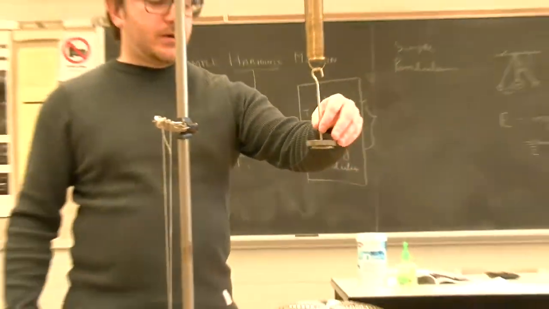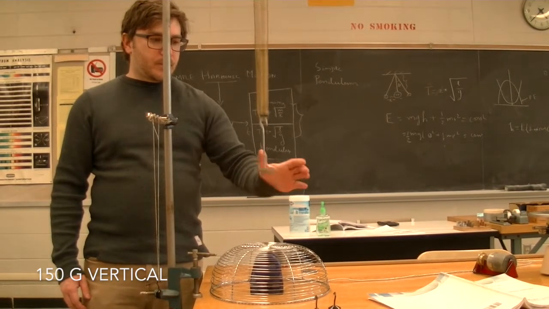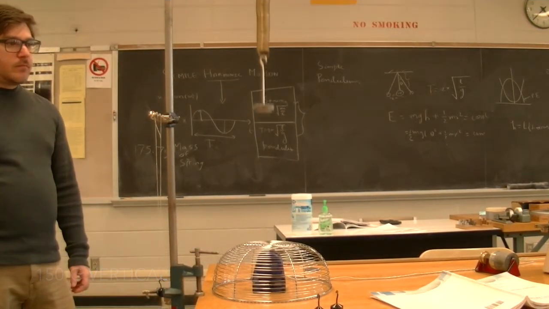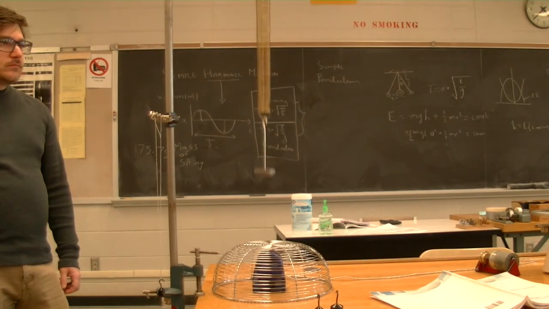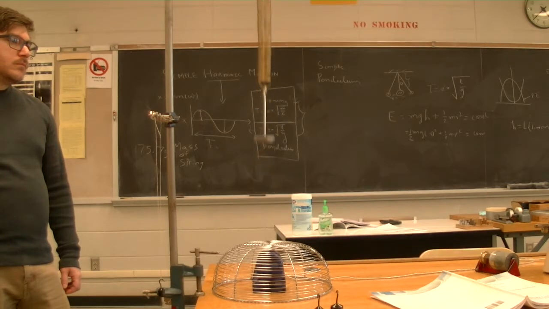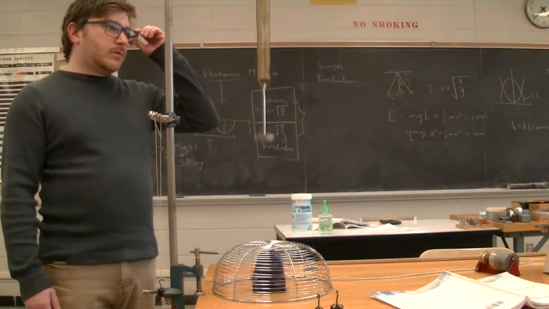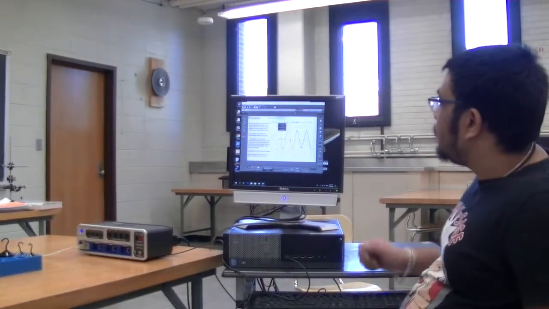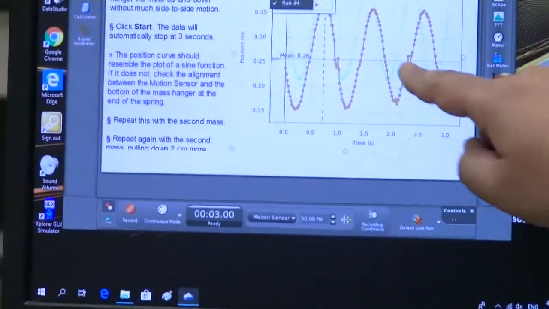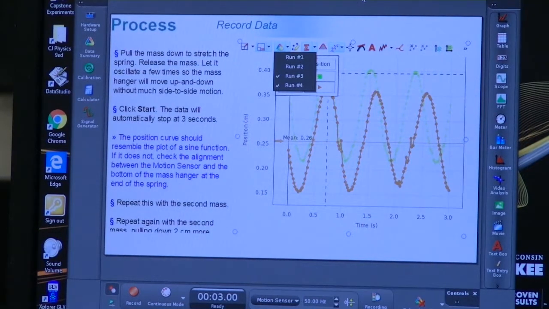Now we have 100 grams on the 50 gram hanger. Pull it just out of equilibrium. As you can see, we have another graph for part 2 for the different mass, and clearly the period is different, which is what we expect.